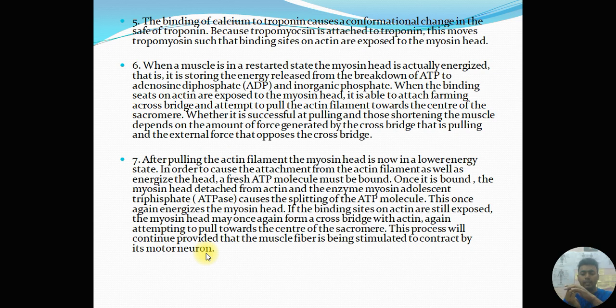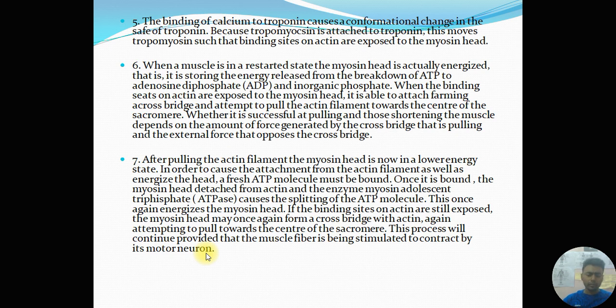The myosin heads again make a cross bridge, and then again attempt to pull. Like this, one repetition, two repetition, three repetition happens. Again the same process from beginning to end, till 10 repetitions, 12 repetitions, whatever repetitions you're doing.